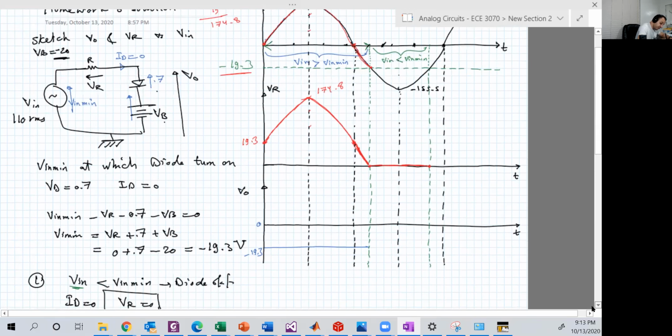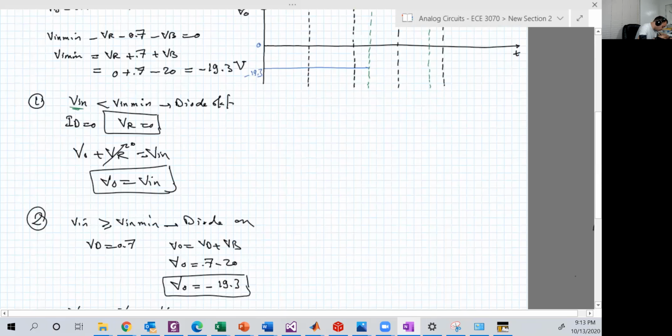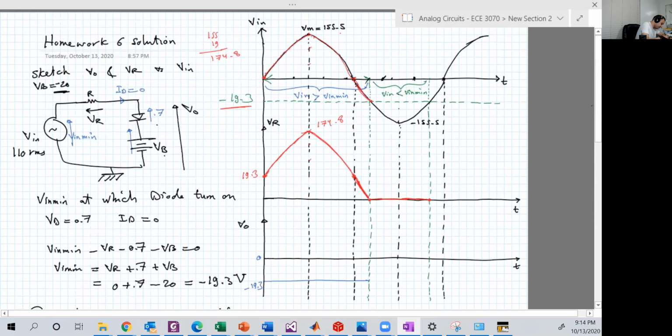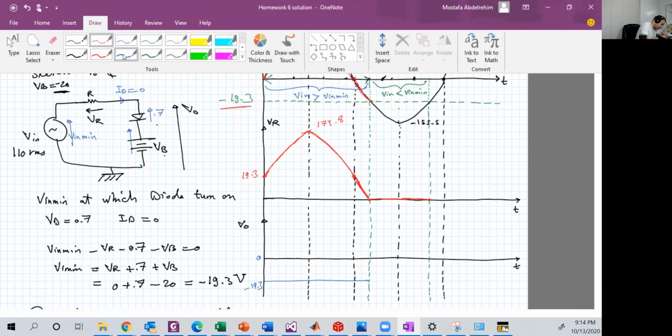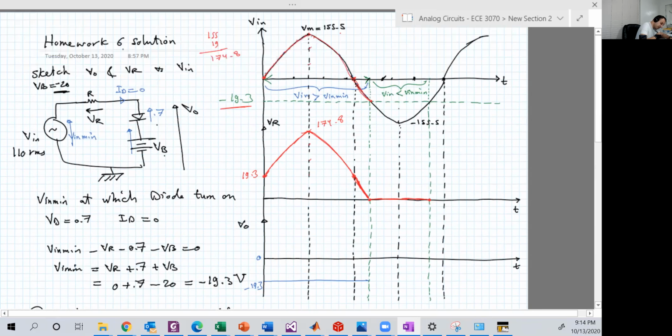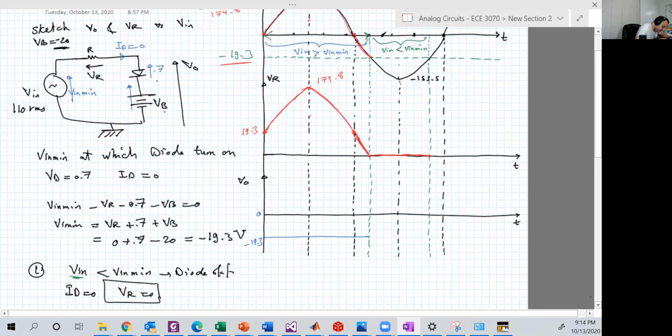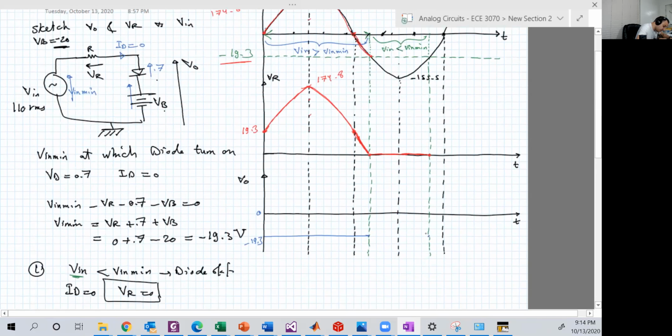How about V out? V output is equal to V input. So good, just copy and paste. We need blue. So just copy and paste from that point to that point. Here are the values of V out for V input. For example, V input is minus 19.3, so we have here minus 19.3. Here is again minus 19.3.